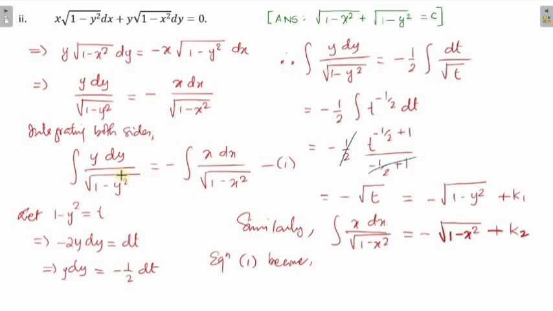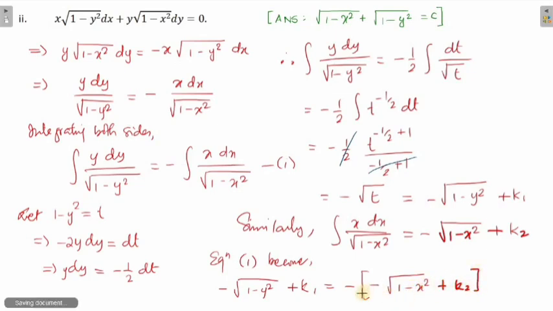So from 1 you get, instead of this, let me write minus root over 1 minus y square plus k1 is equal to, here we have minus this one, so in place of this we have this much. So let me write it fully. So you get 1 minus x square plus k2.